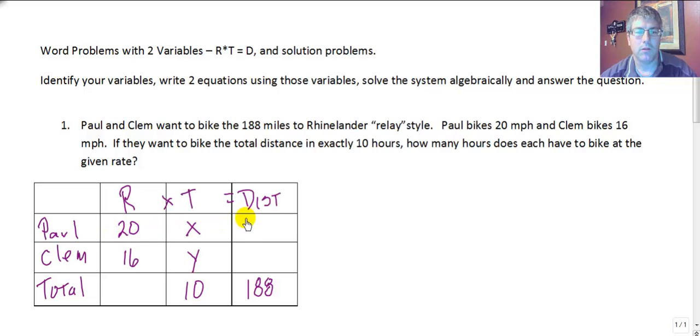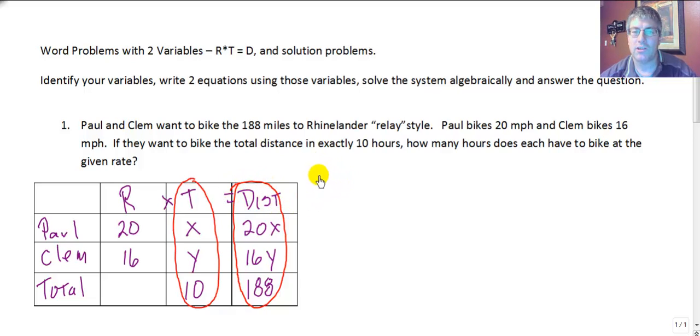So in our chart, multiplying across, our distance for Paul will be 20x, our distance for Clem will be 16y, and our two equations are sitting right here in these two columns, in our time column and our distance column.